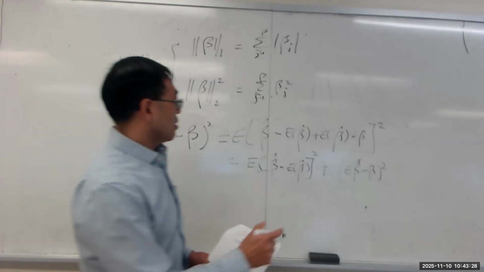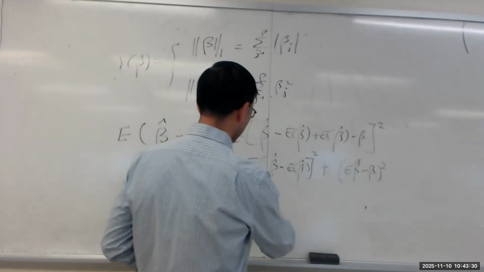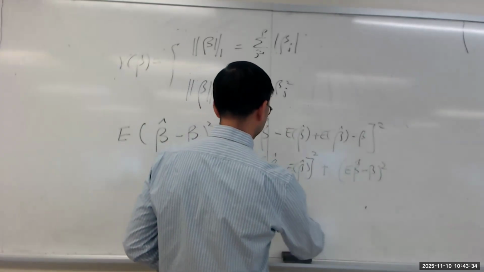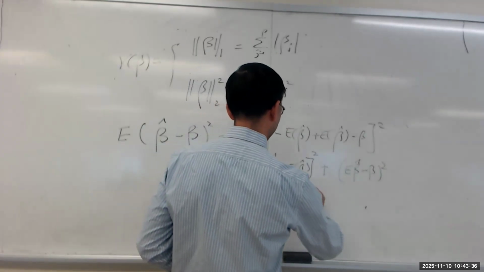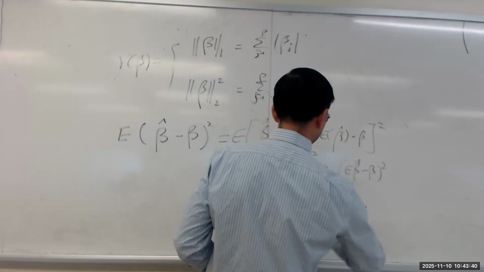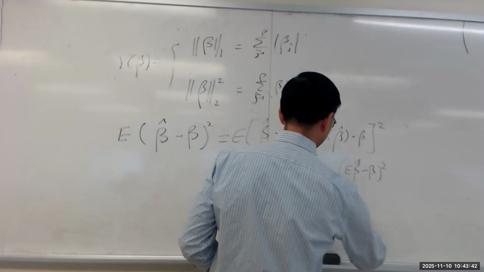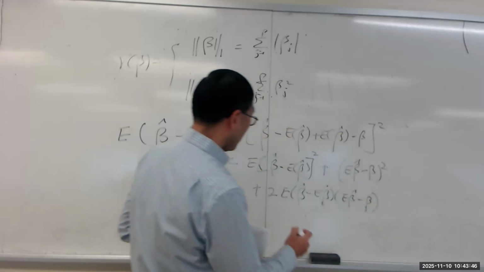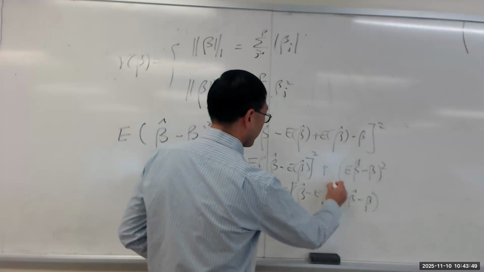There is also a cross term: 2 times the expectation of beta hat minus expectation of beta hat, times expectation of beta hat minus beta.